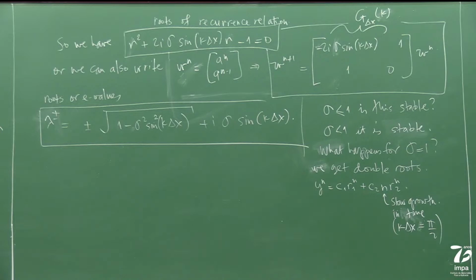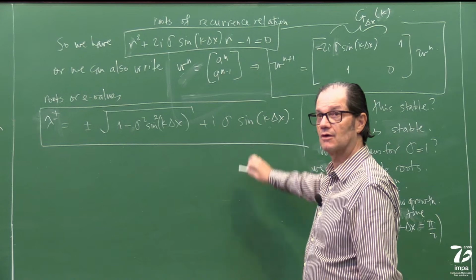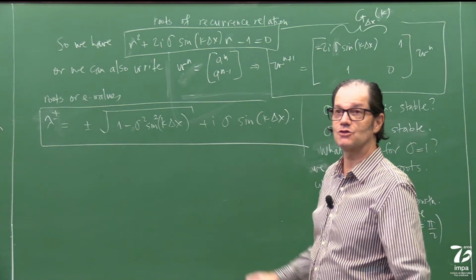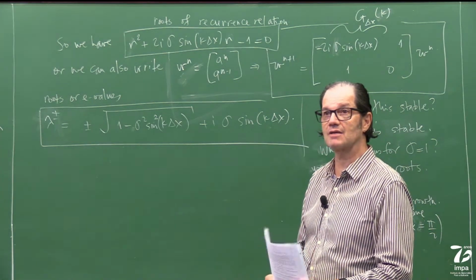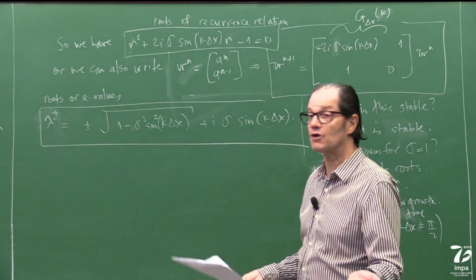Eu calculei módulo para ver onde é que era maior que 1 e onde que era menor. So you were checking the modulus where it was bigger than 1, or at maximum equal to 1, right? Okay, very good.